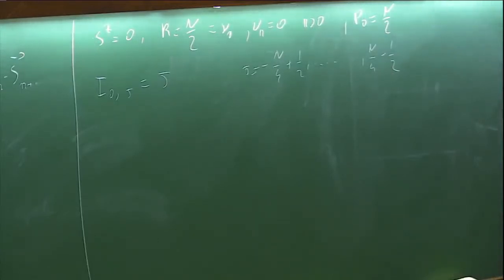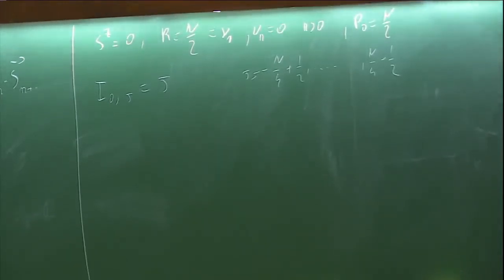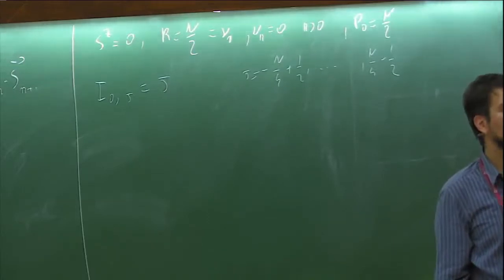What happens if n is a multiple of 2? What is the value of this j? In which set do these quantum numbers live?